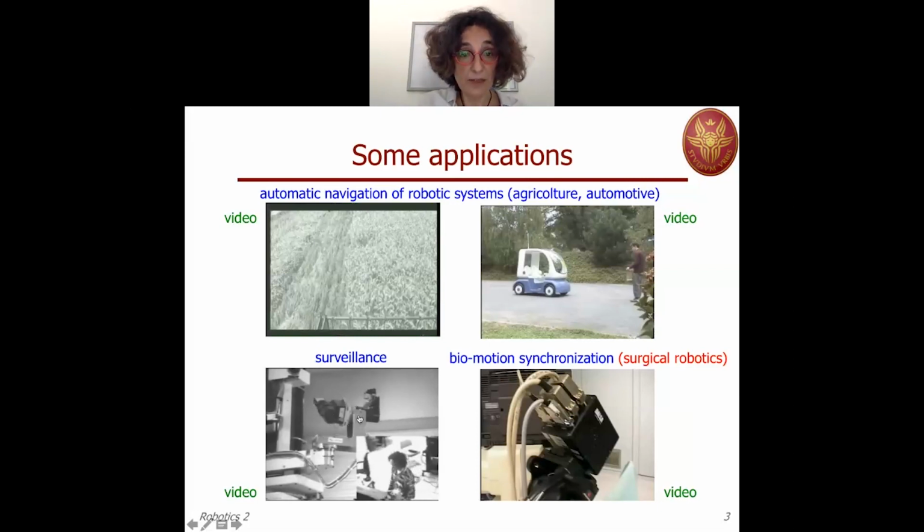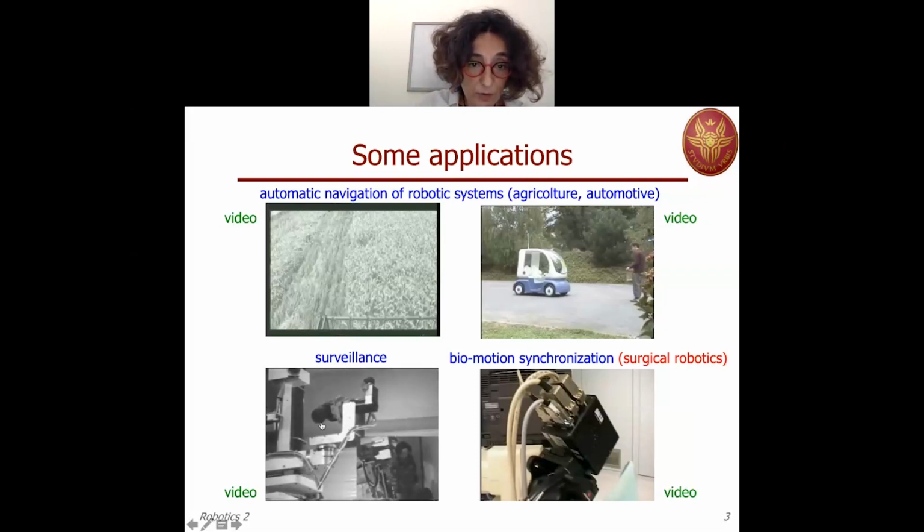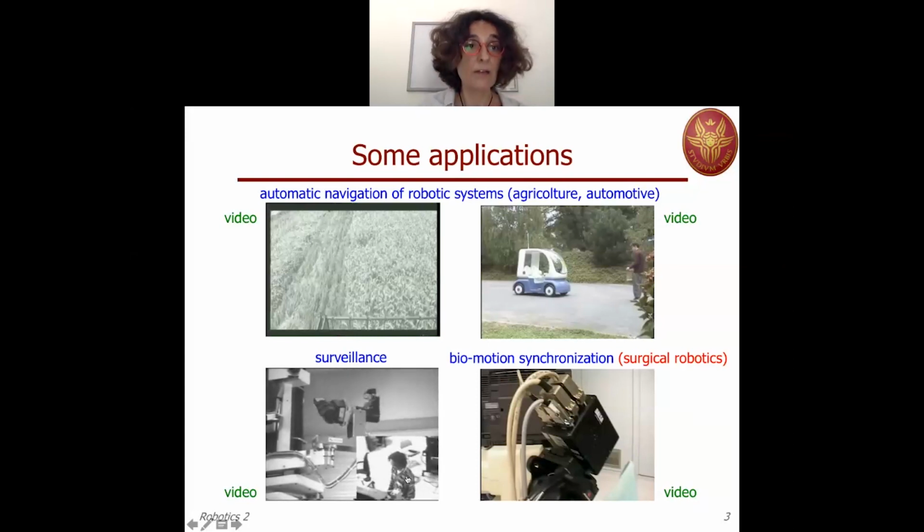Here the camera is mounted on a pan tilt mechanism that can be thought of as a 2 degrees of freedom manipulator, and the camera moves so as to keep this person at the center of the field of view of the camera itself, of the image plane. This is an example of application for surveillance purposes.